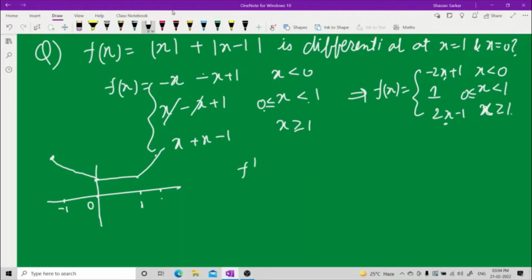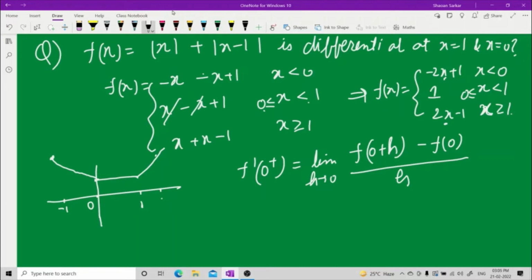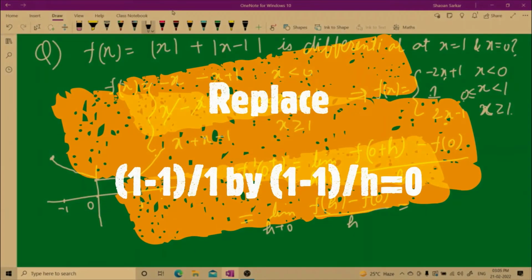So f'(0+) is the limit as h tends to 0 of (f(0 + h) - f(0))/h. Now f(0 + h) at that point is 1 only, and f(0) is 1, so 1 - 1 over h is 0.